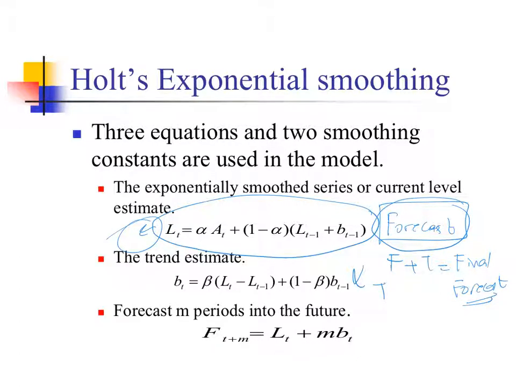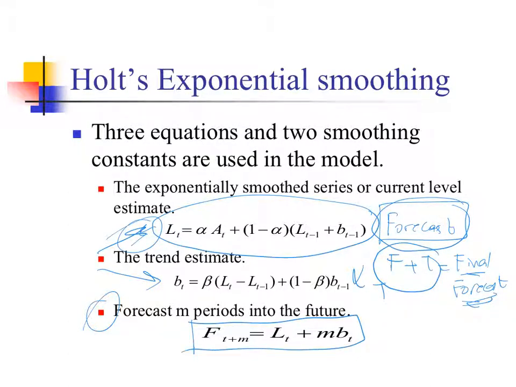You are forecasting level and trend separately, and then you combine both of them to find the final forecast. And the last equation is forecasting the future periods in Holt's method.